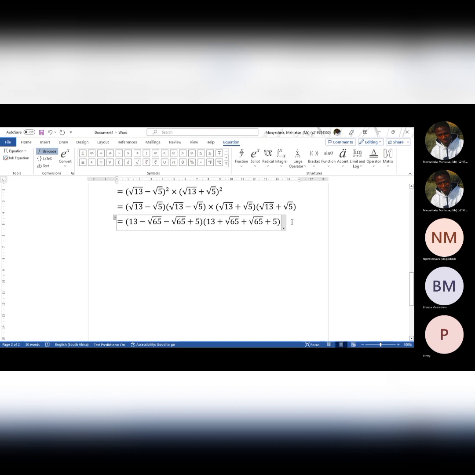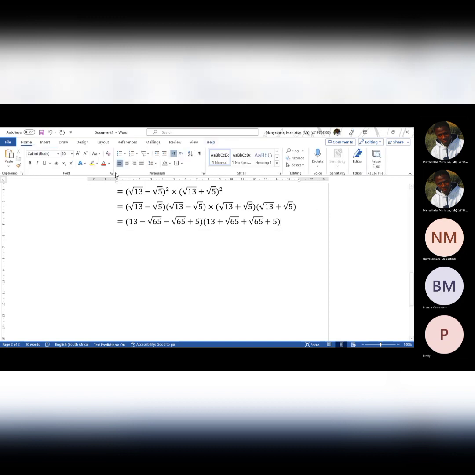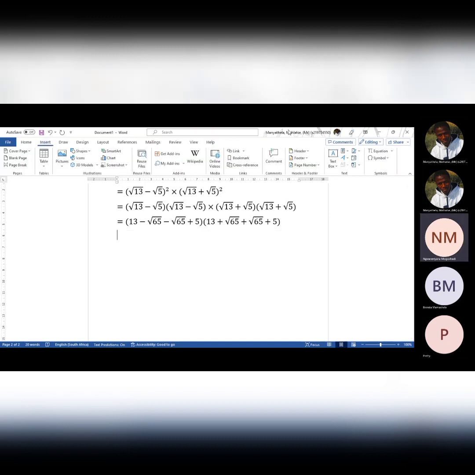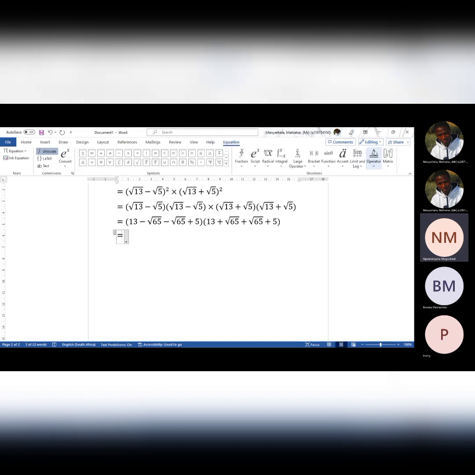So let's add the like terms. In both brackets, Artomegamuki. 13 plus 5, again. Which is 18. So Rarnal 18 subtract 2 something.